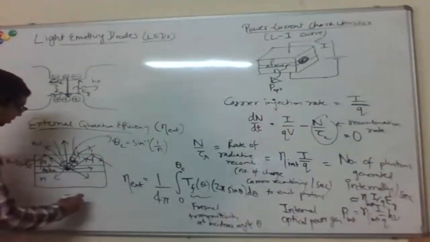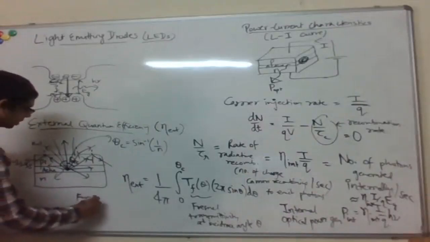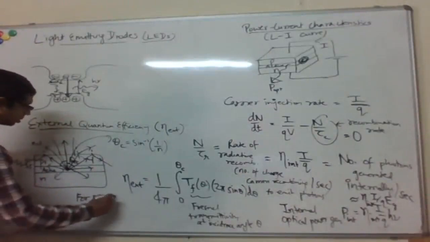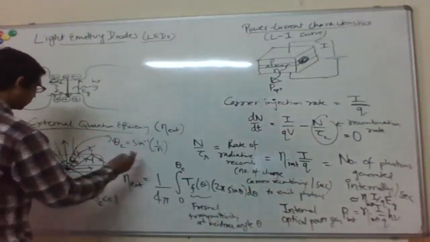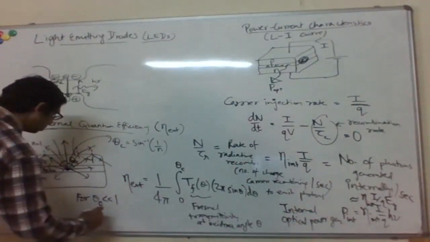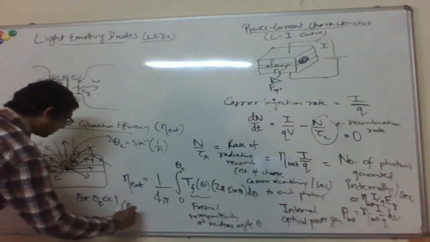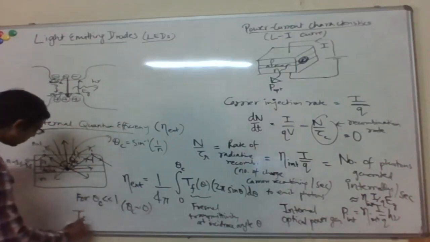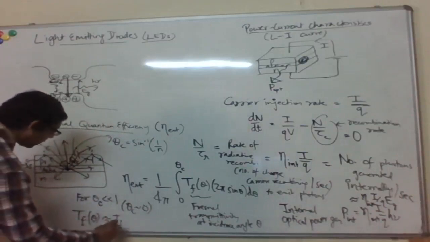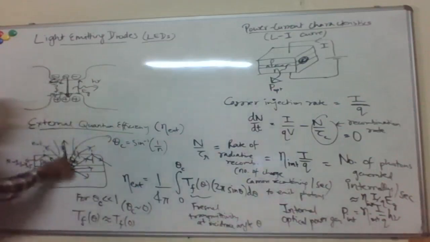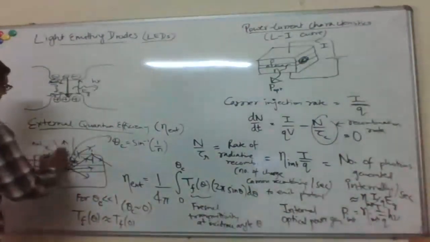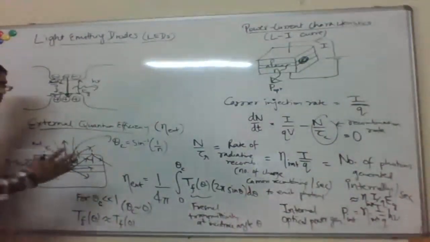So for theta c much smaller than 1, in other words theta c close to 0, we just approximate this transmission coefficient for all theta as the transmission coefficient for normal incidence, noting that the deviation will only be a few percent for angles up to 10 degrees or so.